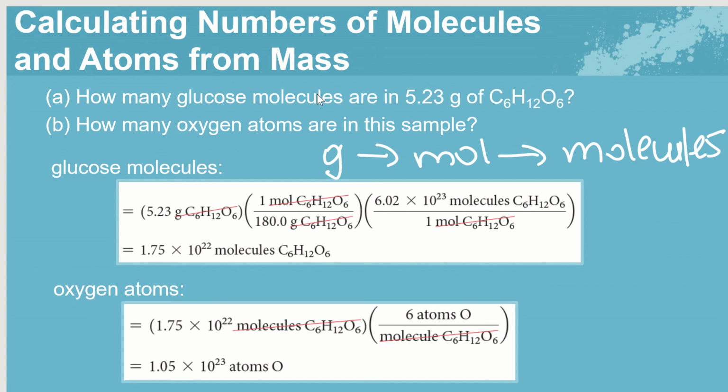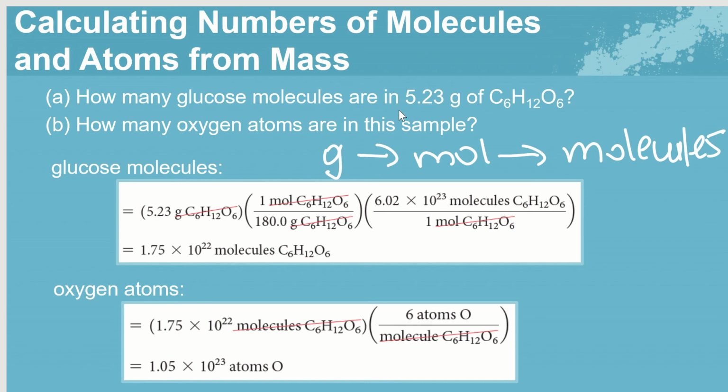Further on, you will see that I use GLU to represent glucose, and glucose is the same as C6H12O6. So how many glucose molecules are in 5.23 grams? When you see a question like this, you want to be aware of what you're going from and where you're going.